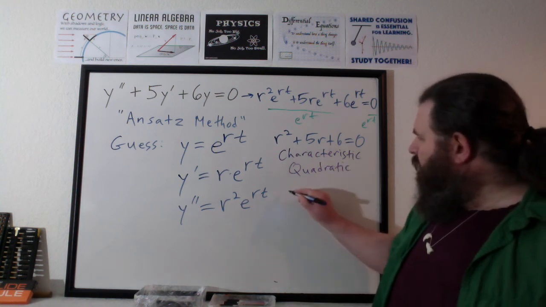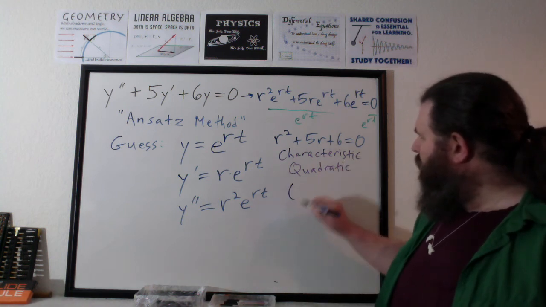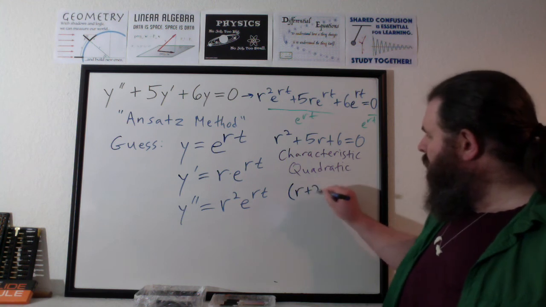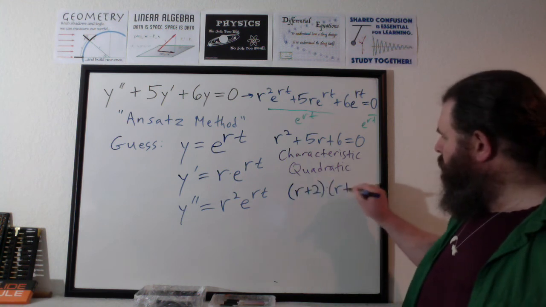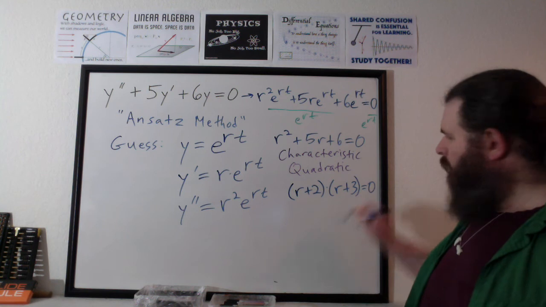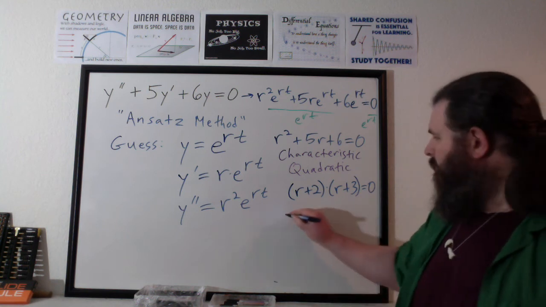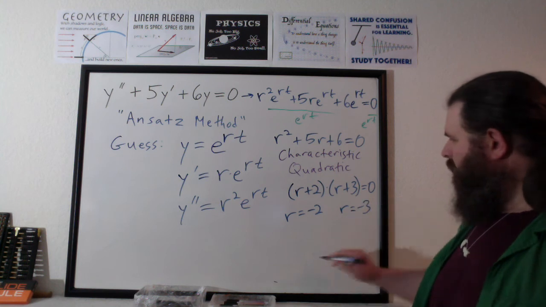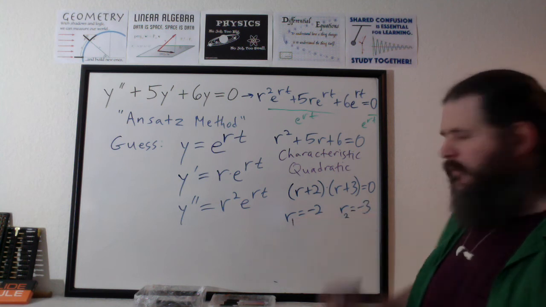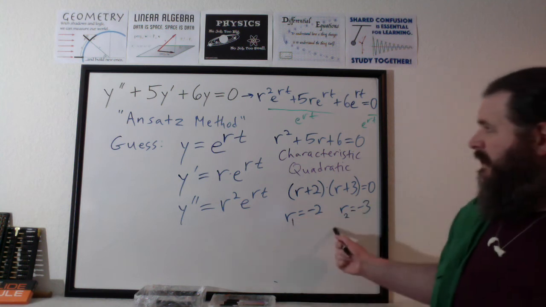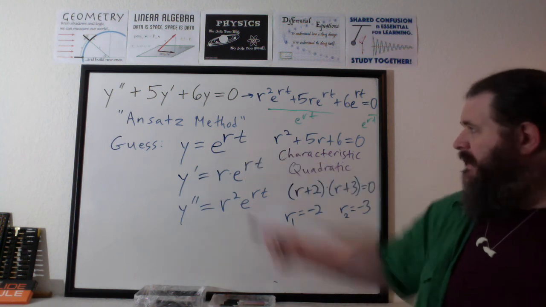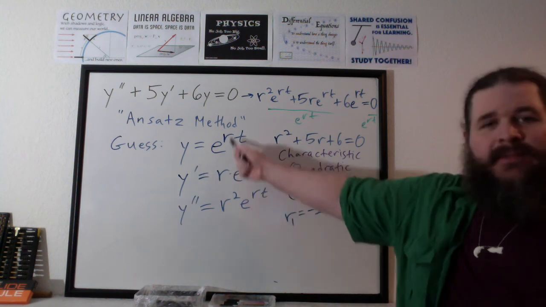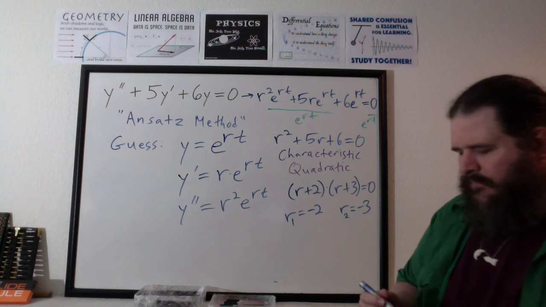In this case, it looks like we can factor this. It looks like it factors to (r plus 2) times (r plus 3). So our solutions are going to be -2 or -3. We could call those r1 and r2. Fill those back into our original guess, and we get e to the r1t and separately e to the r2t.